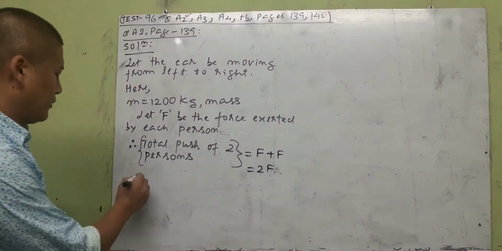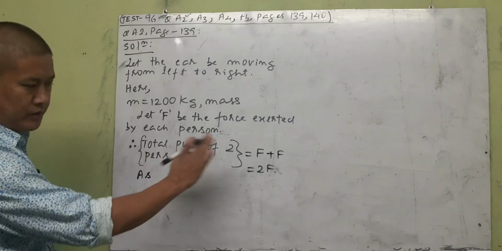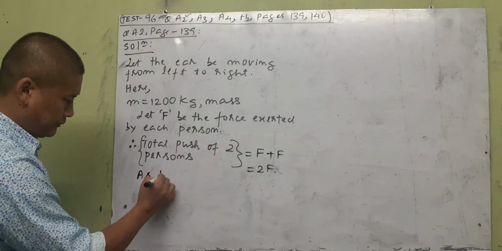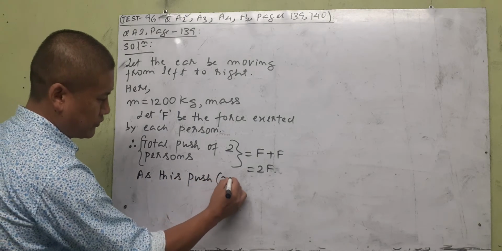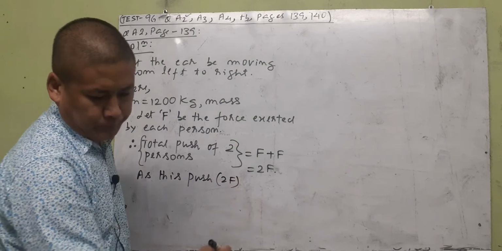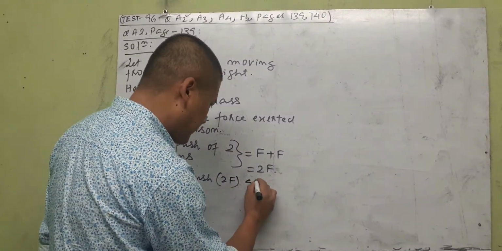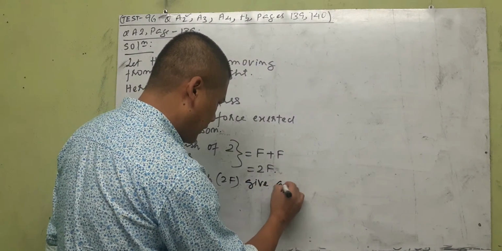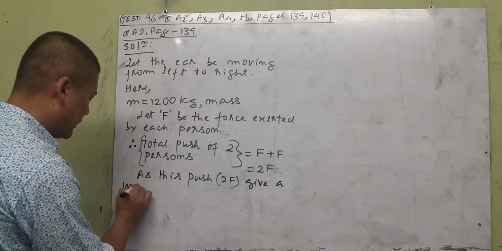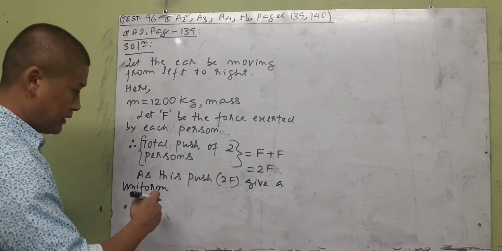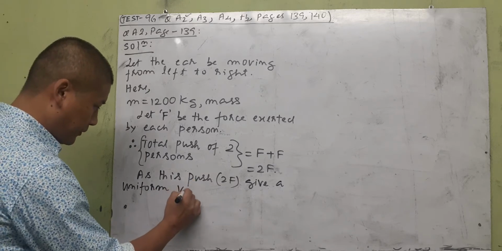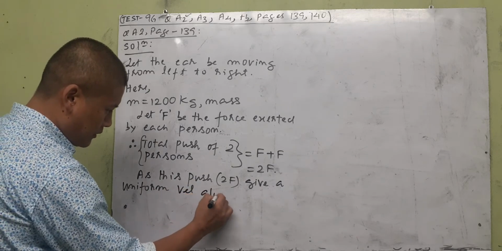So according to the question, when two persons push, that means the push of two persons, which is 2F. Okay, according to the question, it gives a uniform velocity, that means the same velocity without increase or decrease.